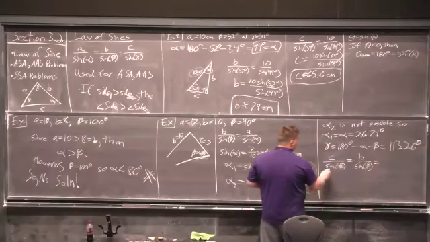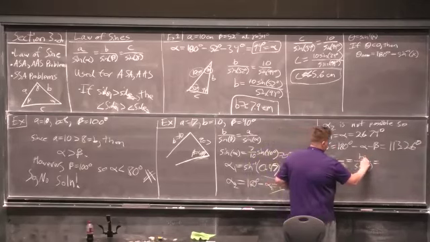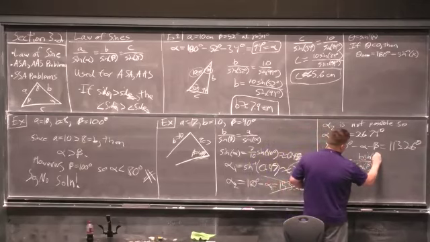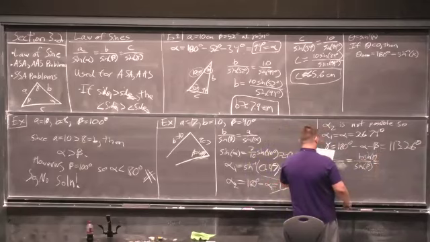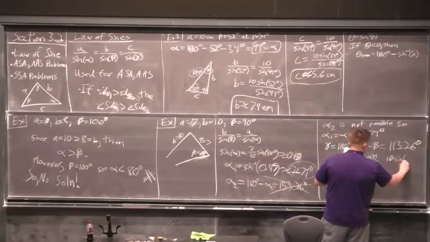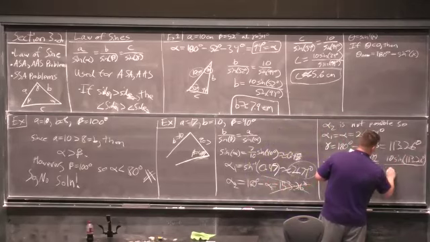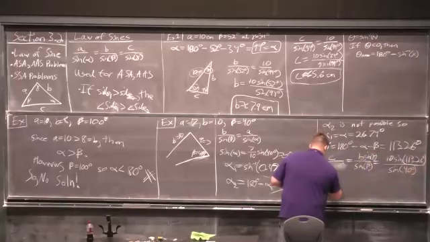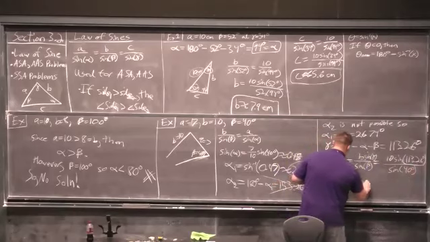We're going to solve, so times by sine of gamma to the other side, plug it all in, and we have 10 times sine of 113.26 degrees divided by sine of 40 degrees, which then C is approximately equal to 14.26 units.